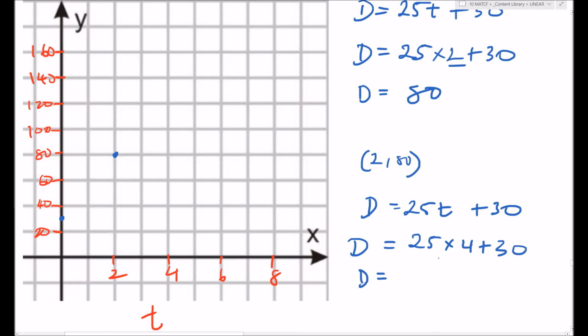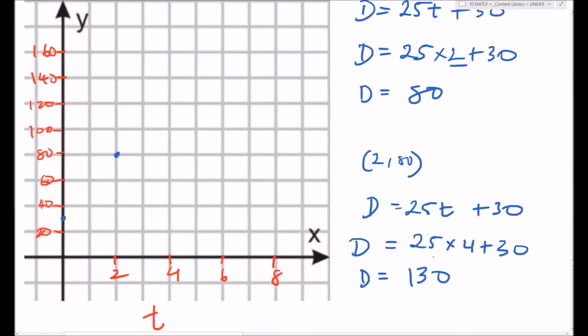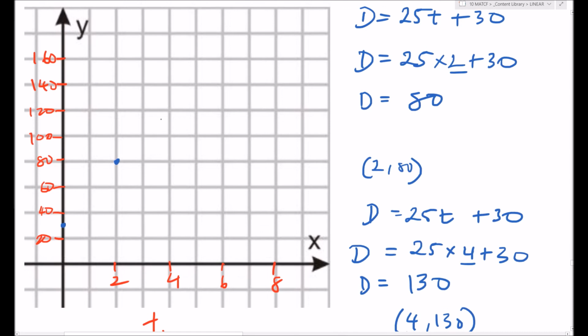D should be, what's that, 100 plus 30 is 130. Okay, D equals 130. So that means if t was 4, D would be 130. That's my coordinate. Right, so if t is 4, D is 130, which is about here. And then from there, draw your line, and you could probably keep going till the end.